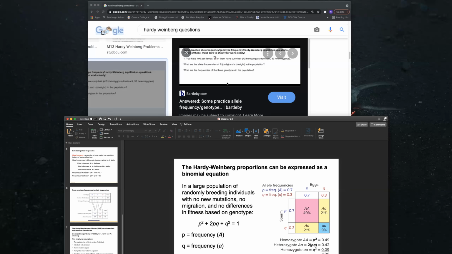Then it asks what the allele frequency of curly, capital R, and little r straight is in the population. That's where you use the P plus Q thing. For the frequencies of the 3 genotypes, you use the P squared stuff, but for allele frequencies, you just use the P and the Q.